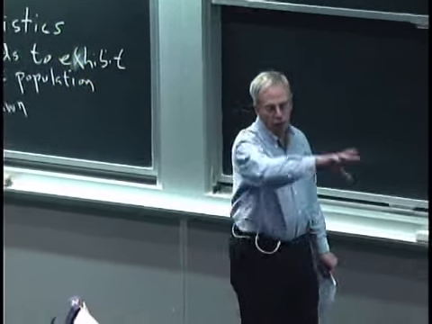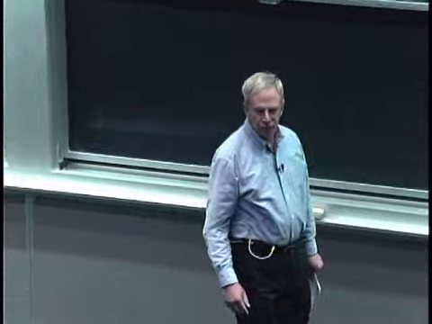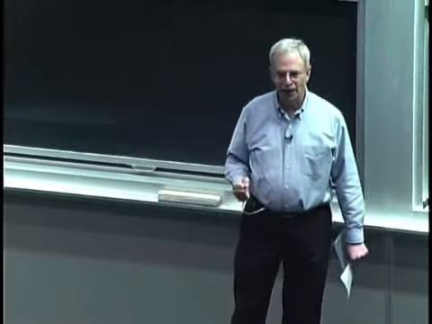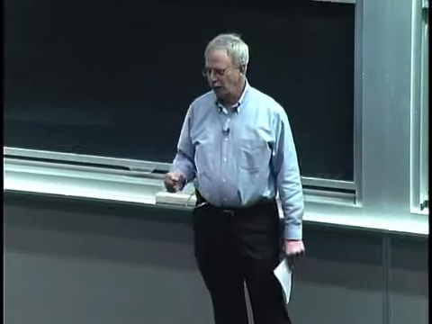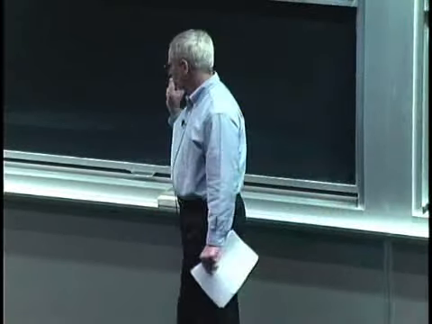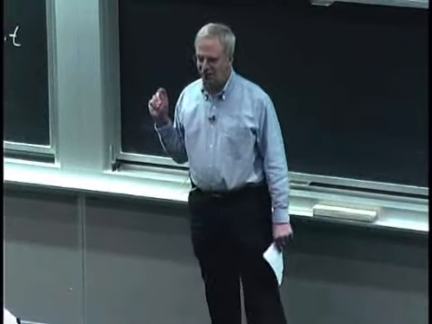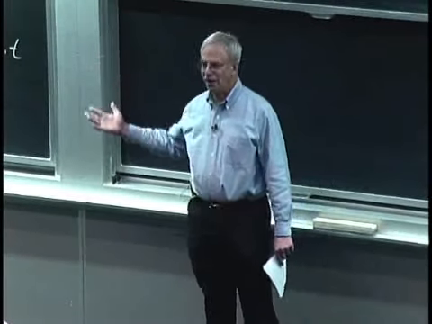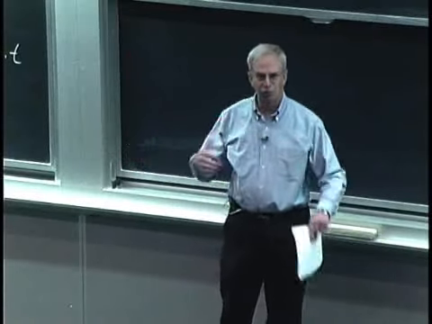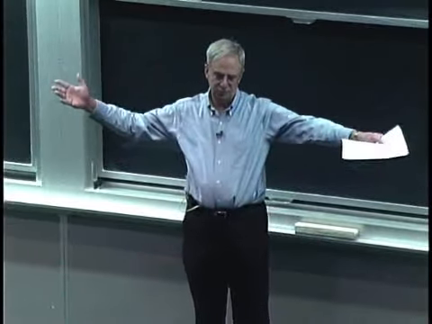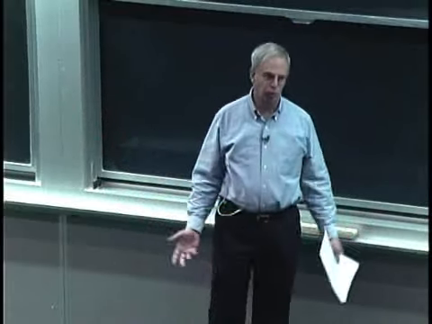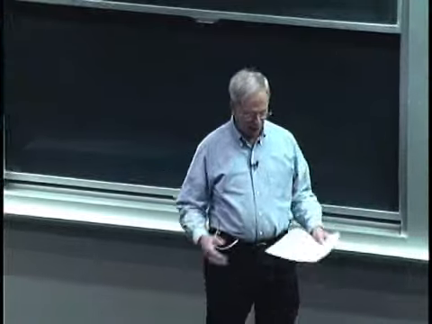So if I were to go around this room and choose some random sample of you guys and write down your hair color, we would be assuming that the fraction of you with blonde hair in that sample would be the same as the fraction of you with blonde hair in the whole class. That's kind of what this means. And the same would be true of black hair, auburn hair, etc.